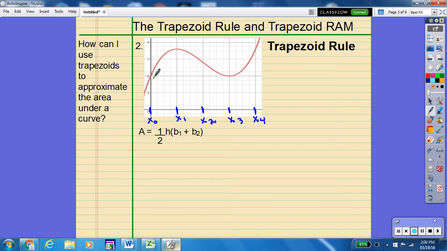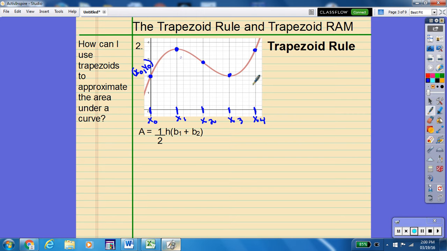So the corresponding y values, or the points, would be y sub 0, y sub 1, y sub 2, y sub 3, y sub 4. I'll go ahead and put those in. x sub 0, comma, y sub 0.